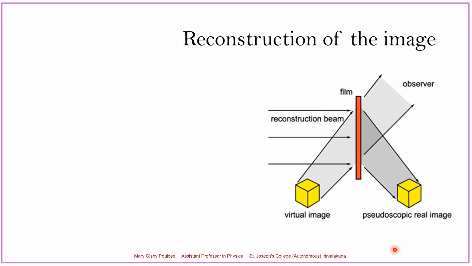Again, this figure shows the reconstruction of the image. Laser light is illuminated onto the hologram. Here the term used is reconstruction beam. The laser light used to reconstruct the image is called the reconstruction beam, and it is illuminated onto the hologram.